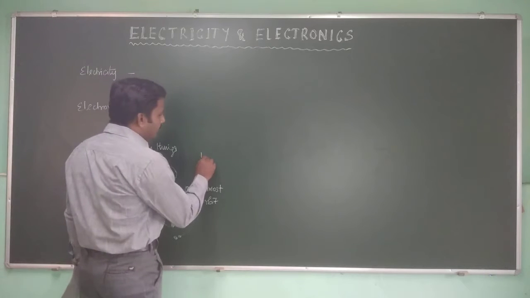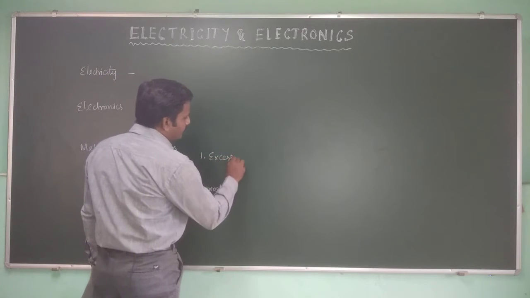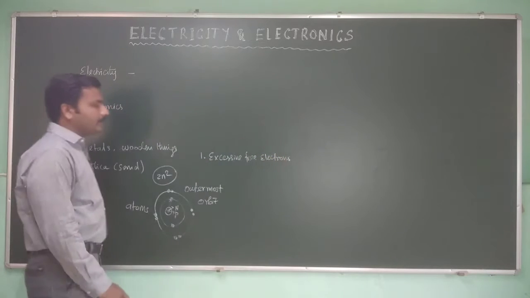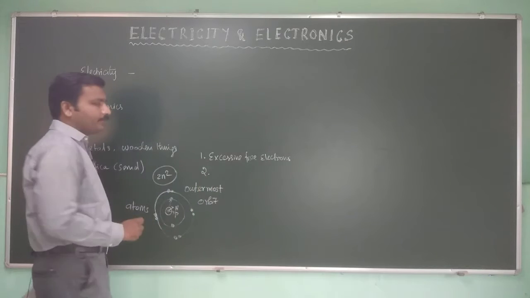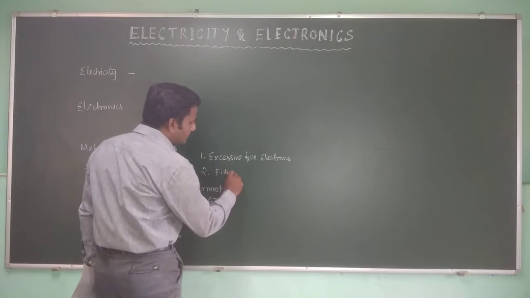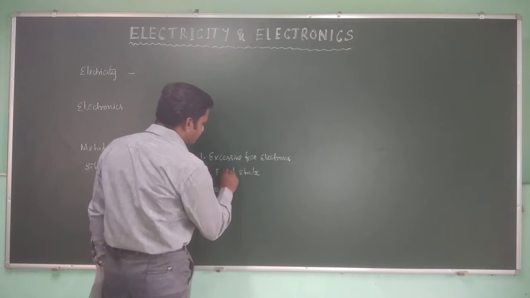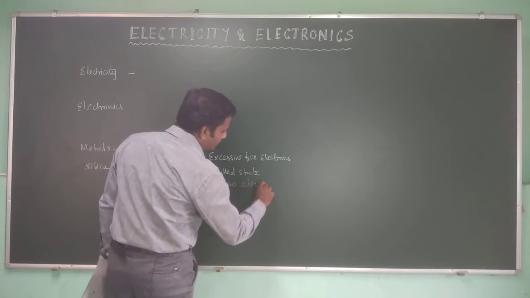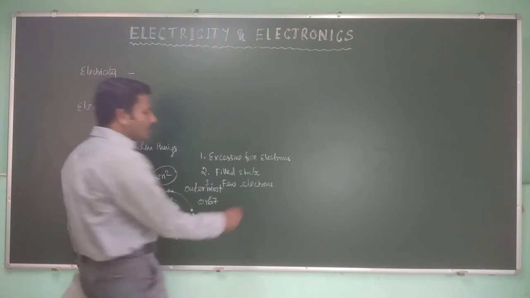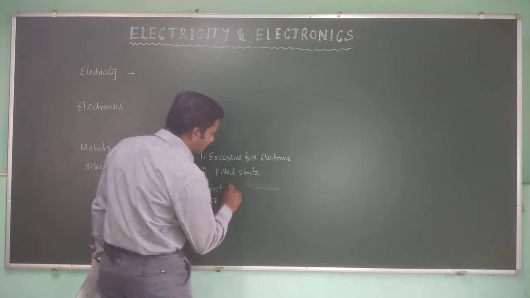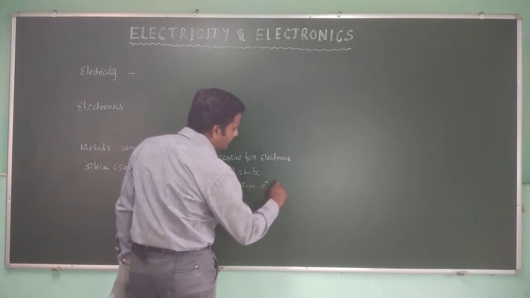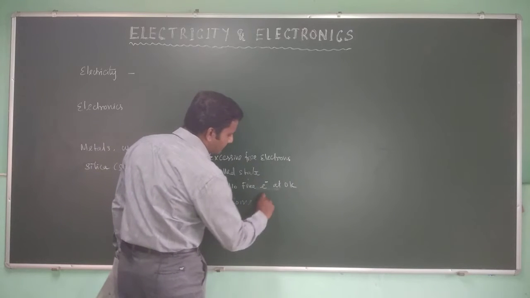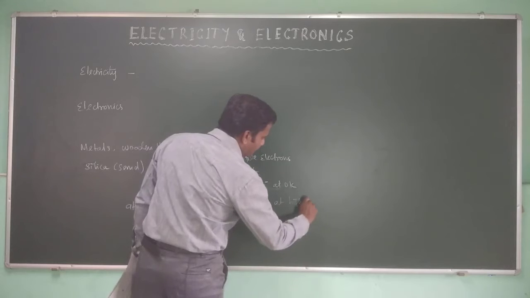One considered material may have excessive free electrons in its outermost orbit, or it may have a completely filled state, or it has very few electrons that are free, or you can say no free electrons at zero temperature, no free electron at 0 Kelvin, but there are some electrons at higher temperatures.